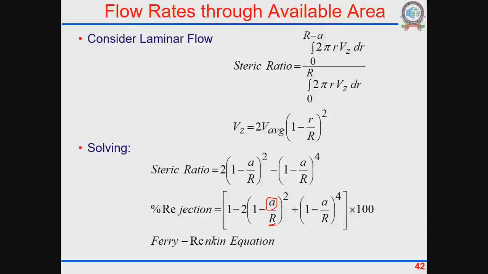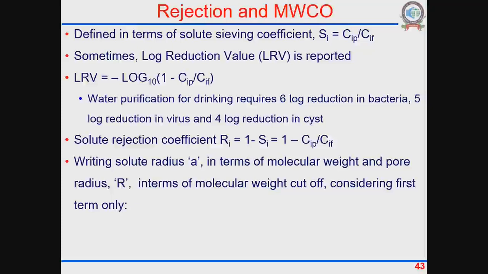Now we can replace this a by the molecular weight of the solute and this R by the molecular weight at which 100% rejection will happen. That means if the molecule is of a size equal to R, it will be completely rejected by the membrane. We can convert that into the molecular weight that we call the molecular weight cutoff. Here is what I mean. We can define another term called the solute sieving coefficient.